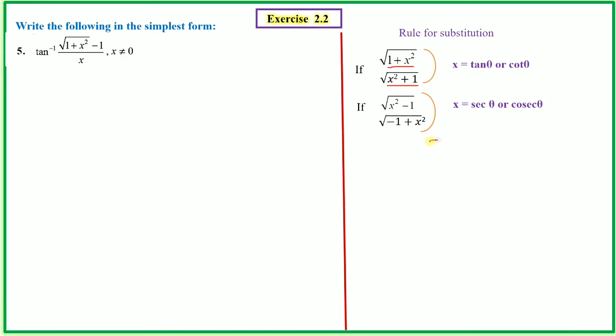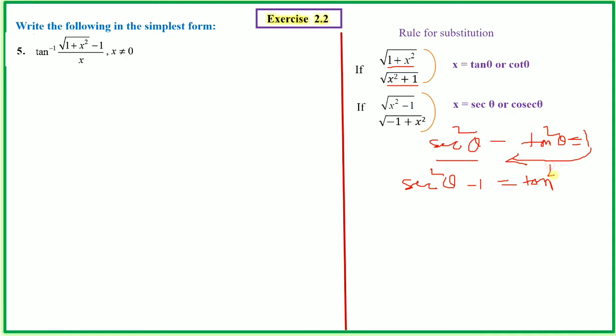What were the identities? As I told you, sec square theta minus tan square theta is equal to 1. So what we are going to do, instead of taking tan square theta to that side and adding 1, we will take this 1 to the left hand side. So it will become sec square theta minus 1 equals to tan square theta.